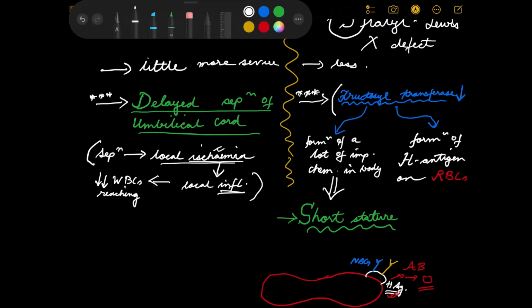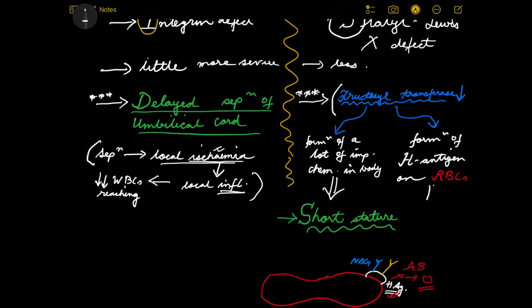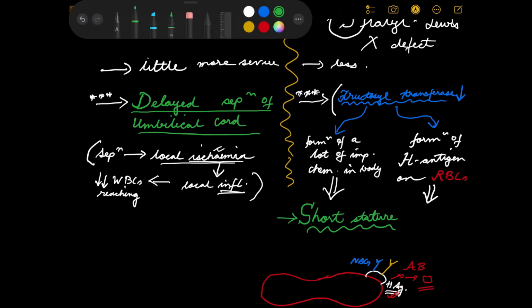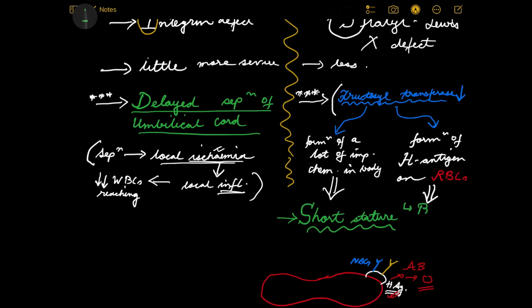That very rare blood group is another clinical manifestation of leukocyte adhesion disorder type 2, and that is Bombay blood group.